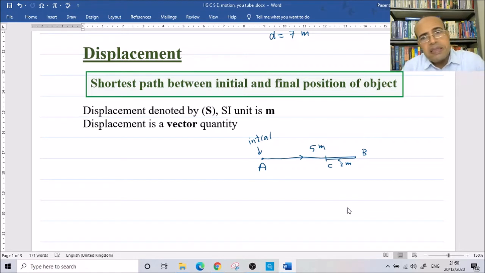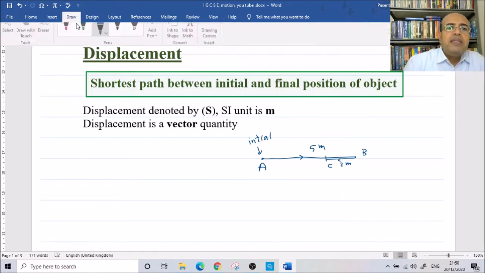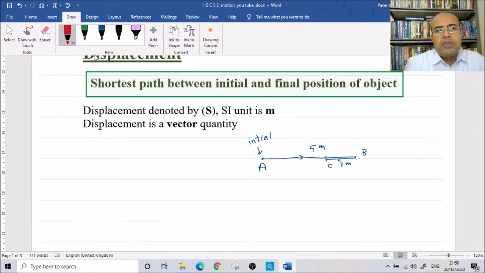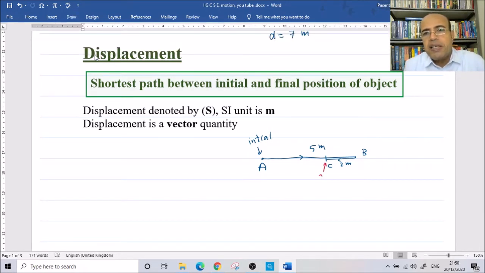Of course, the distance is 5 plus 2, 7 meter. But what about the displacement? The displacement here is the shortest path, from initial to final. C is the final position. So the shortest path from the initial to the final is called the displacement.